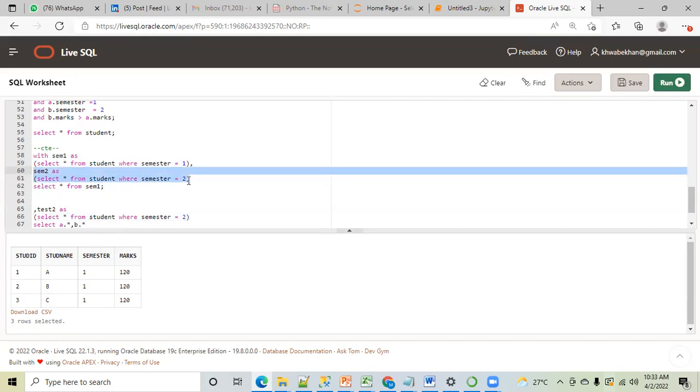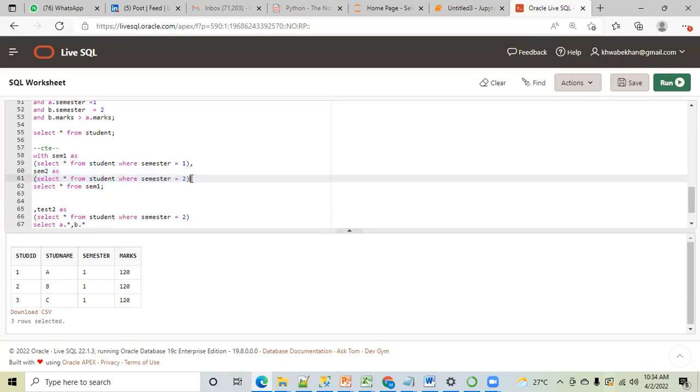I am telling the SQL engine, execute the query which is in line number 61 and save the output in the SEM2 table. Is this clear? Guys, is this clear? Yes or no? Yes.